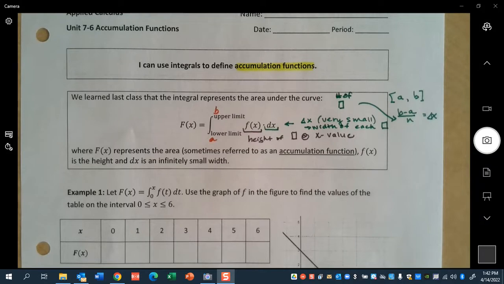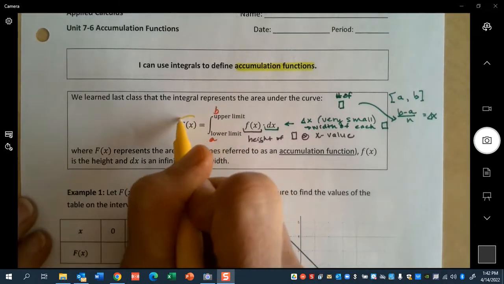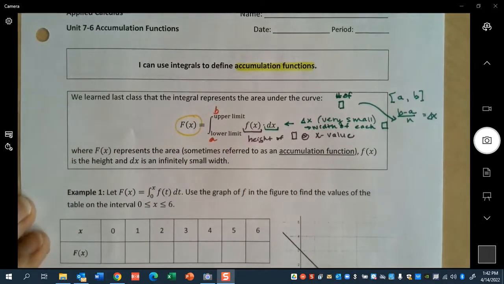But now it's time for us to talk about what this f of x represents. So this capital F, notice we have this little f function here.